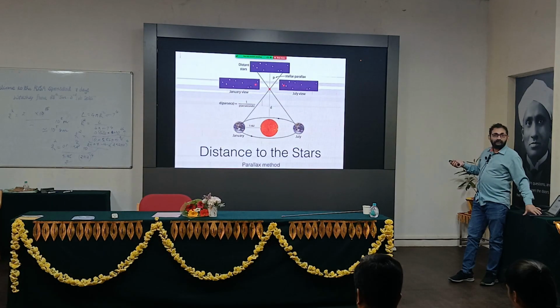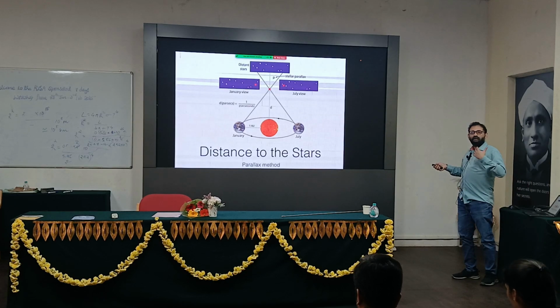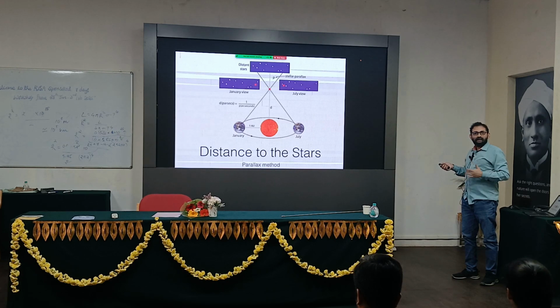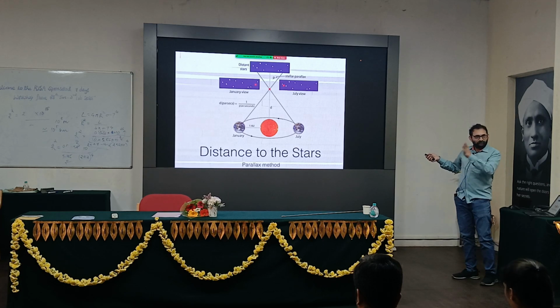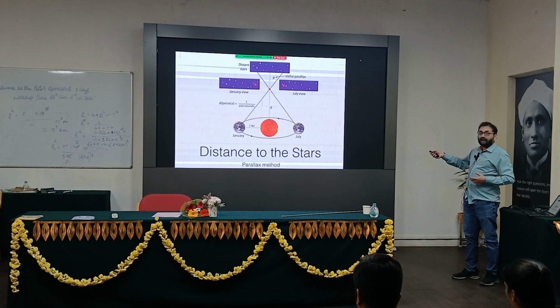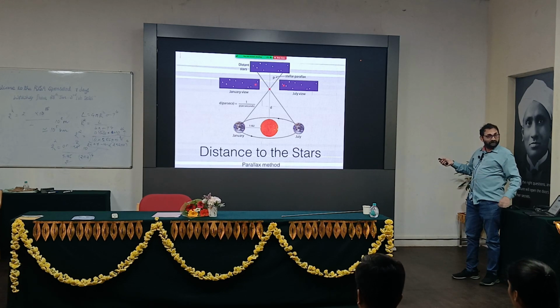The distance is measured by the standard parallax method. If we look today, we see the nearby star against the far away stars in one position. But if I look after 6 months, it looks like it has moved to a different place, though it has actually not. That is the way you get the parallax angle and your distances.